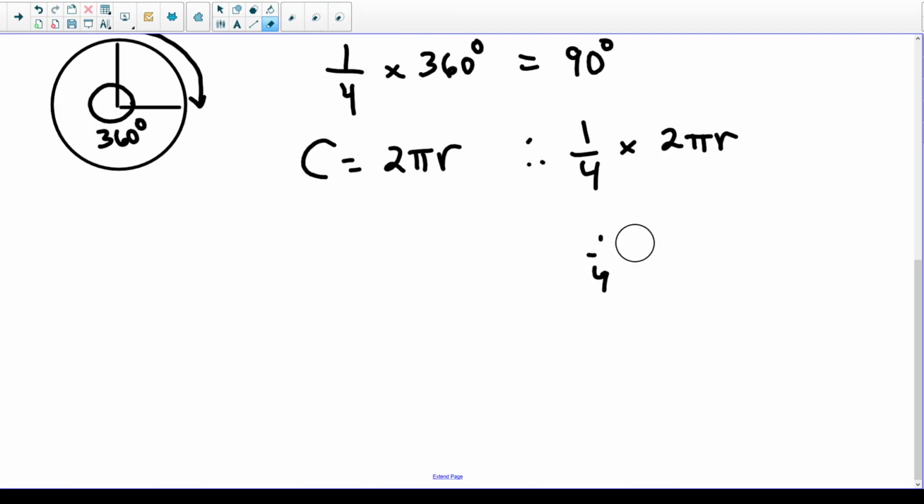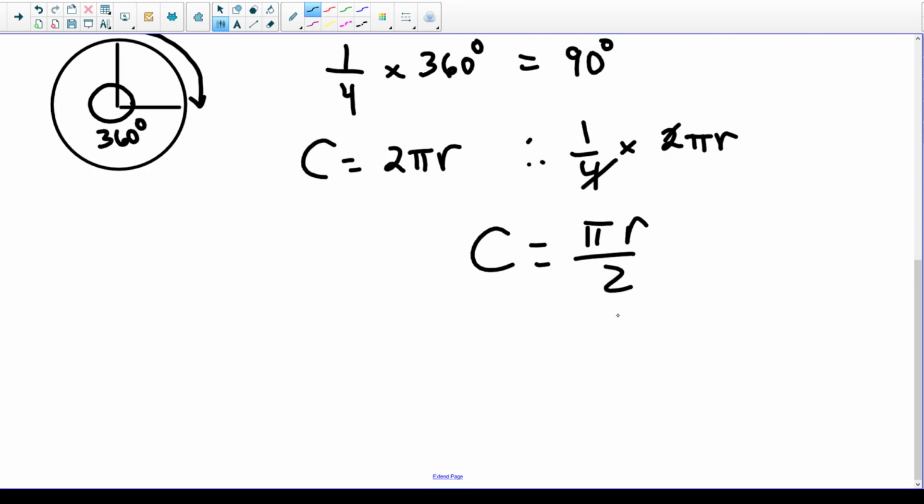The 2 and the 4 would simplify, so it would be pi r over 2 in circumference, right? If r is equal to 8, I would get pi times 8 over 2. If r was equal to 3, I'd get pi times 3 over 2. Whatever your radius is would change how big that arc length is. Obviously, the bigger the clock, the more distance you've traveled in that quarter span.